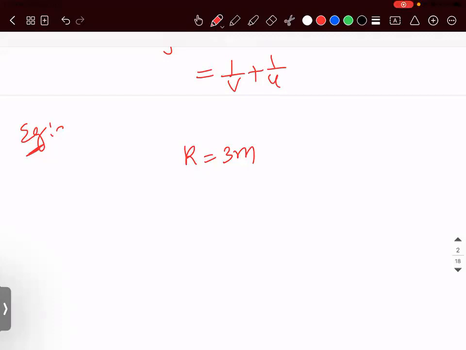I am asking example. Convex mirror used for. What is that example, madam? 9.1? Here 10.1 is there. It is a new version, right? This is a new version. Yours is the old version.